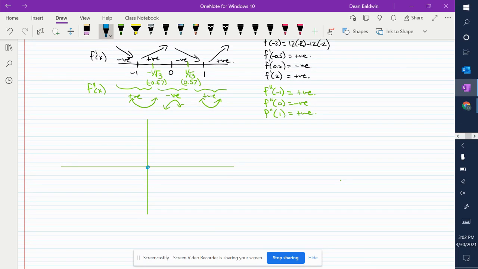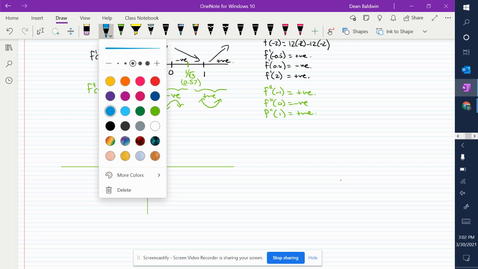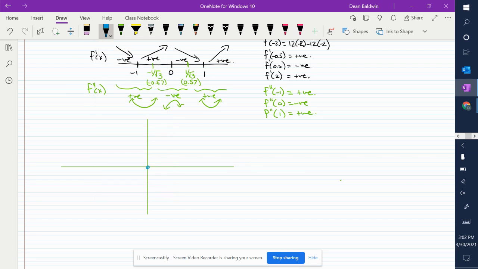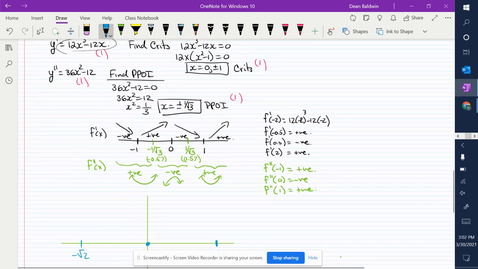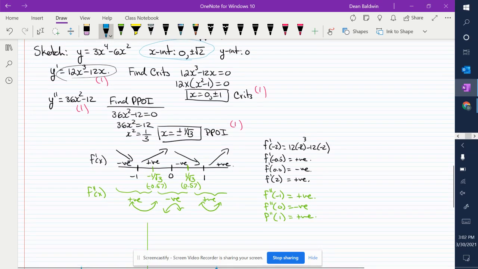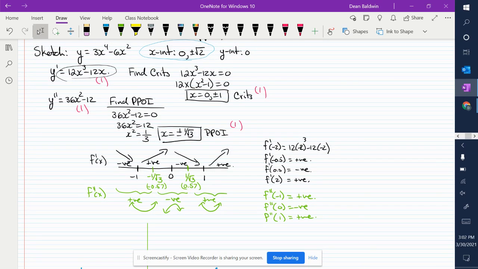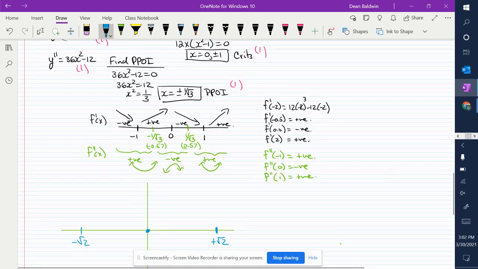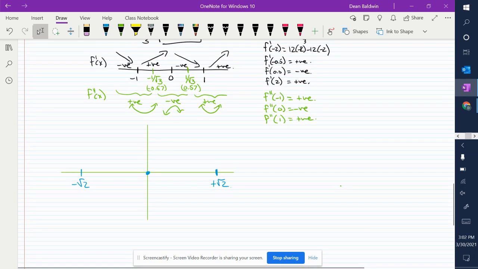So 0, and then negative root 2, positive root 2. Mark your critical numbers, which are 0 and plus minus 1. So 0 is already marked. Plus minus 1.